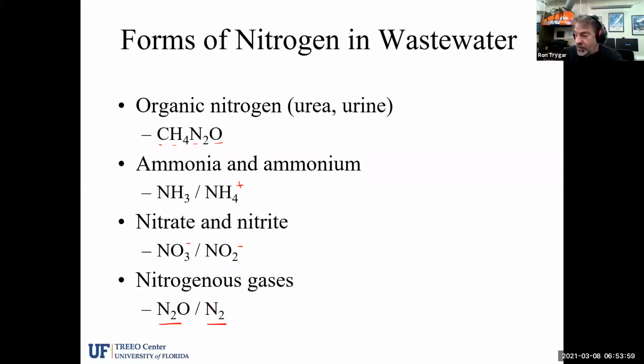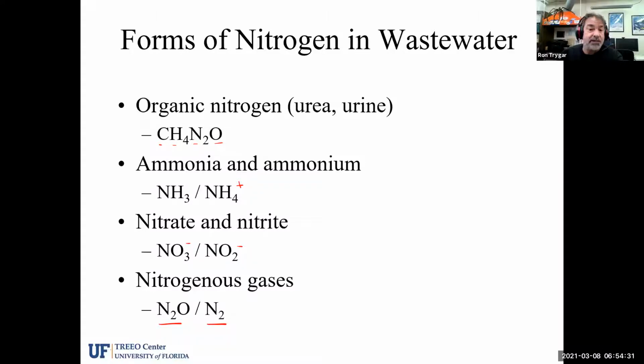N2. So we will be talking today about oxidation of the organic nitrogen into ammonia and how ammonium and ammonia exist together. We'll be talking about how bacteria convert the ammonia or ammonium into nitrite and then nitrate. And then another classification of bacteria that we're going to call facultative heterotrophic bacteria convert the nitrate back into nitrogen gas for us.